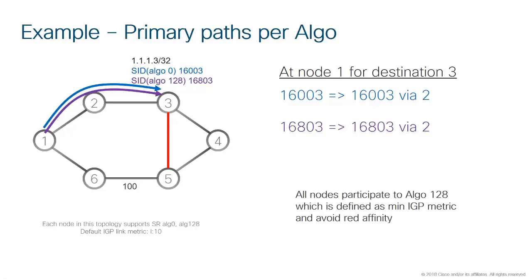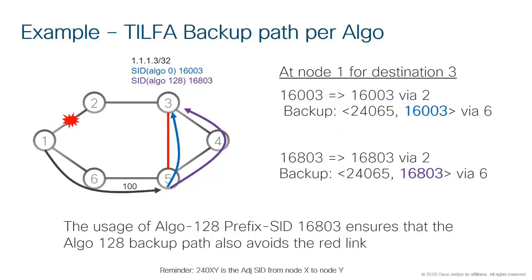But let's see the backup path. In advance of the failure of 1, 2, for 16,003, I would compute what will be the post-convergence path. The post-convergence path is to go to 6, use an adjacency segment to force the packet through the link with a very bad cost.